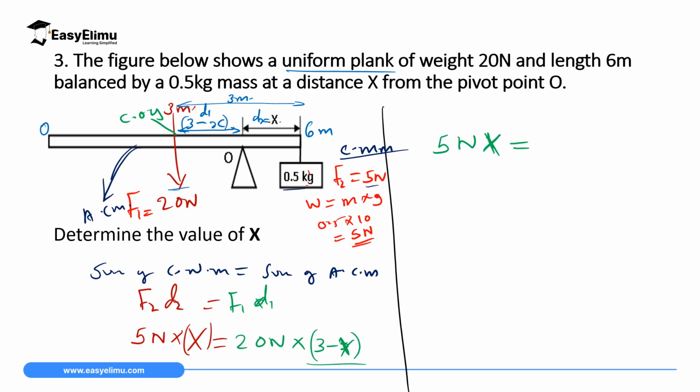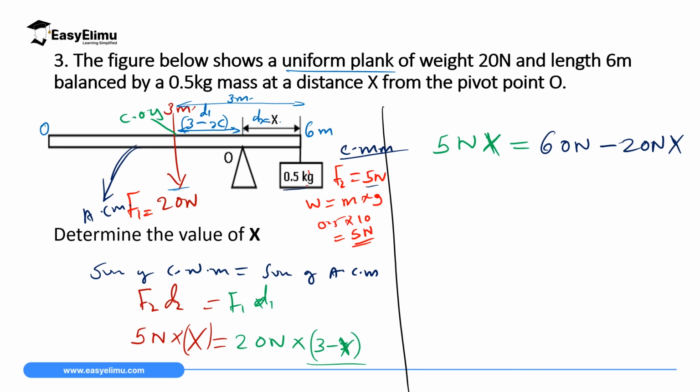If we open the bracket, 20 Newton times 3 is 60 Newton, then 20 Newton times negative x is minus 20 Newton x.